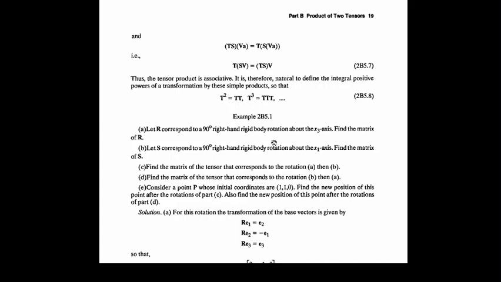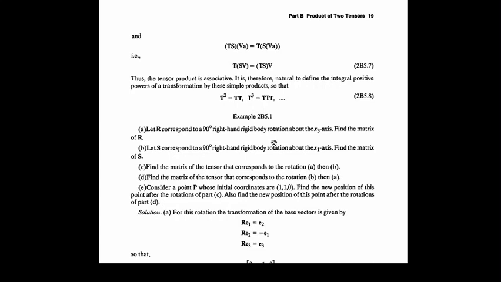So the cosine of the angle between E1 dash and E3 is the same as the cosine of the angle between E1 dash and E3 dash, and this is 90. So cosine 90 is 0. So we have RE1 equals cosine theta E1 plus sine theta E2. This is written in the example 2b 2.3.